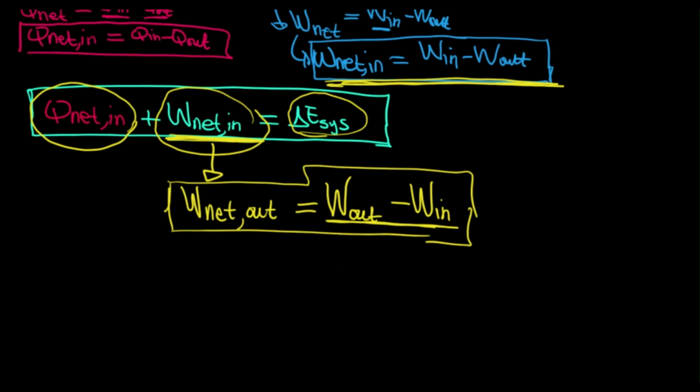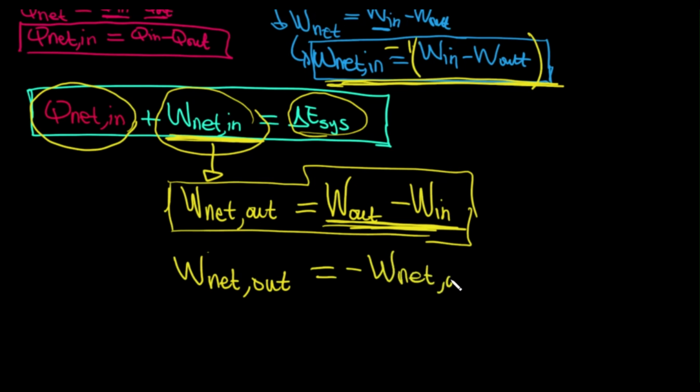Work net out is actually equal to minus work net in: if you multiply work net in by negative one, you'll get work net out.